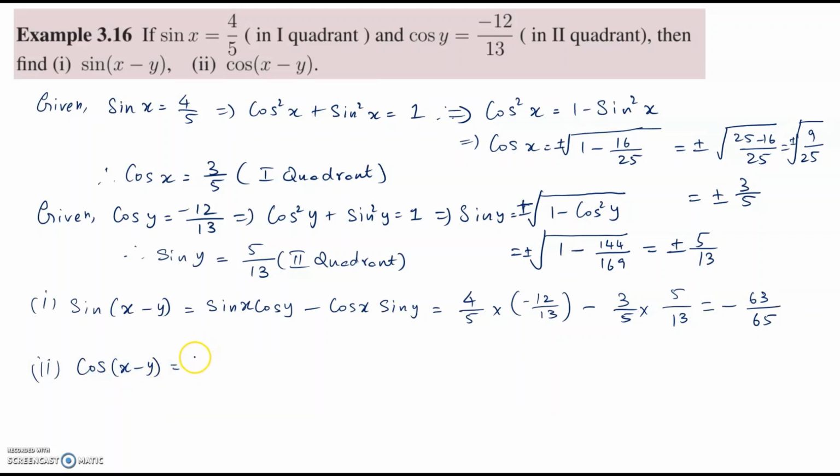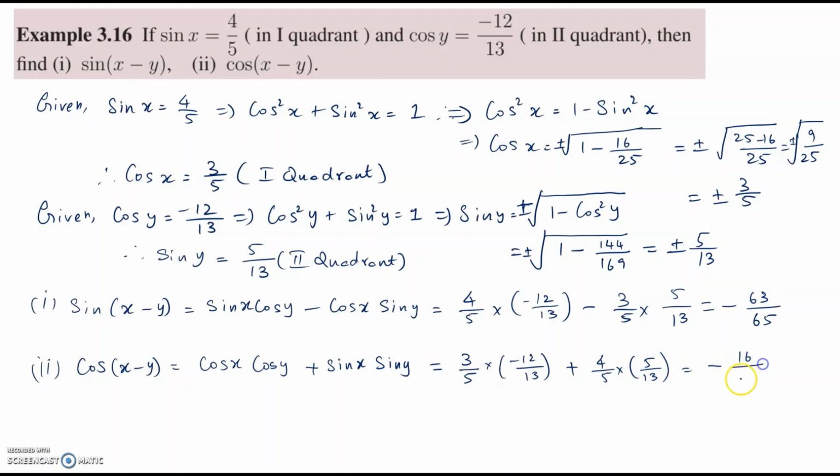So the formula for cos x minus y is cos x cos y plus sin x sin y, and that's equal to, substituting the values, cos x is 3 by 5 and cos y is minus 12 by 13 and plus sine x is 4 by 5 into sine y is 5 by 13. So your answer, when you simplify this, you will get it as minus 16 over 65.